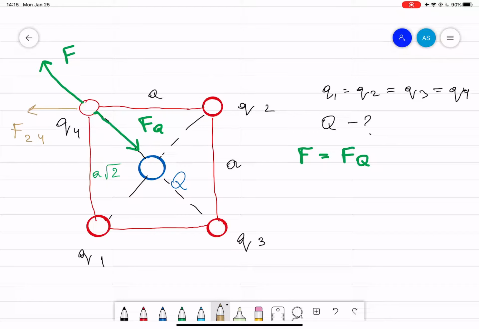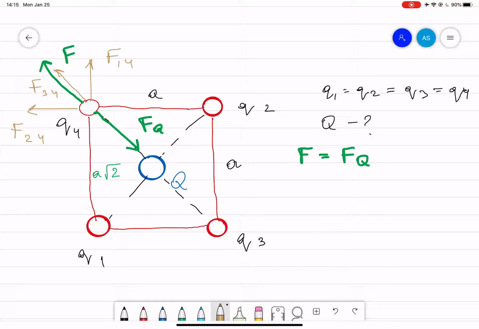Then, what other forces are there on Q4? We have the force which is pointing upwards. That one I call F1 on 4. What else? Finally, we have another force between Q4 and Q3, which I will make this one, F3 on 4.